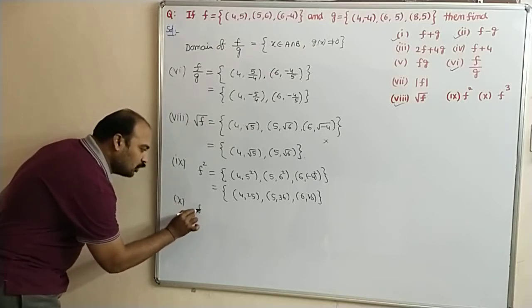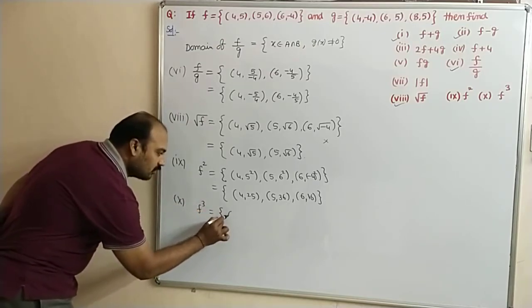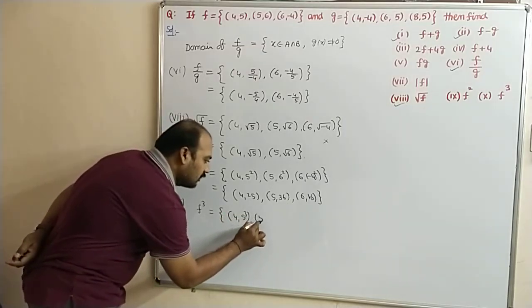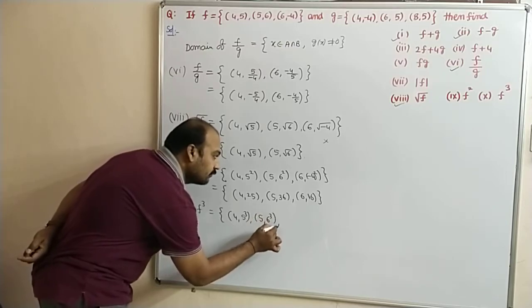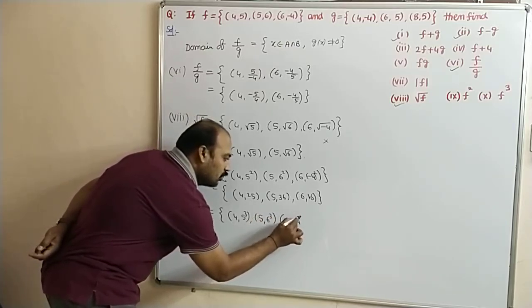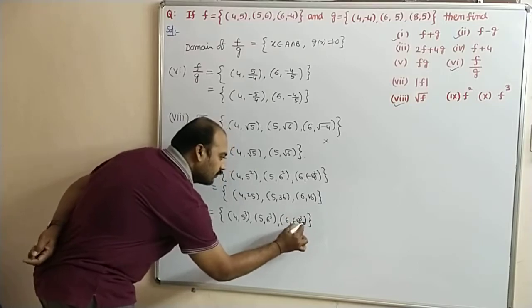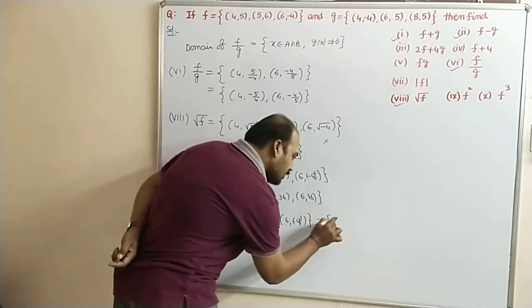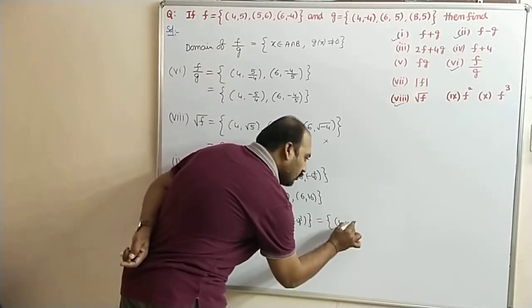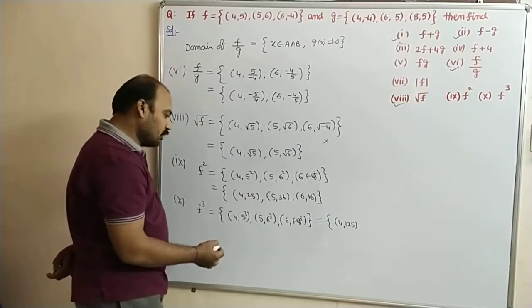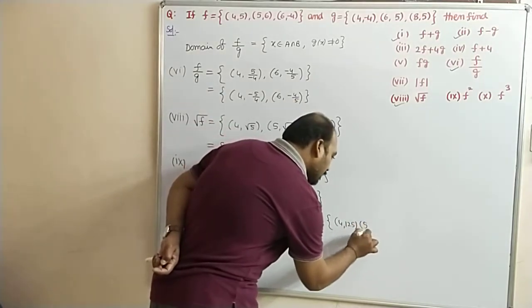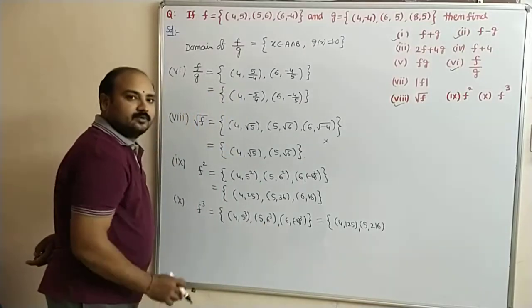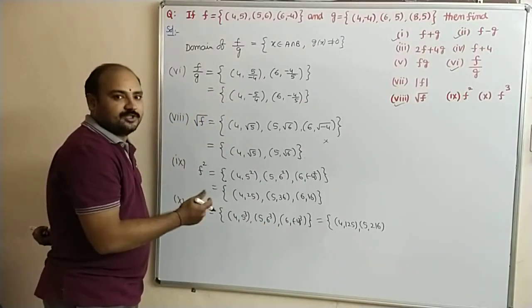The 10th one, f cube. 4 comma 5 cube, 5 comma 6 cube, 6 comma minus 4 cube, which is equal to 4 comma 125, 5 cube, 5 into 5 into 5, 25 fives are 125. 5 comma 216, 6 sixes are 36, 36 sixes are 216.